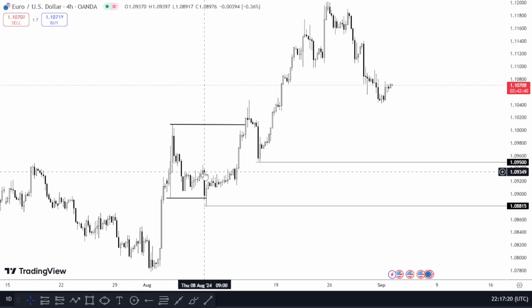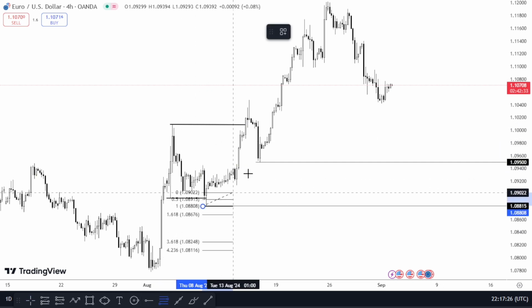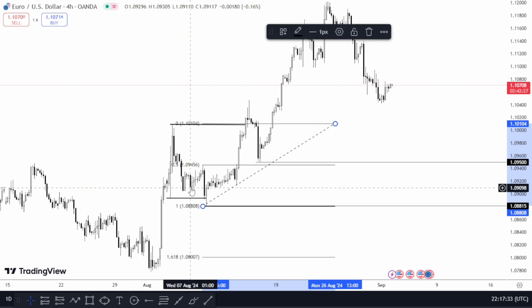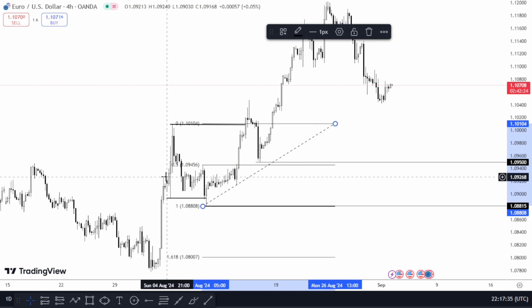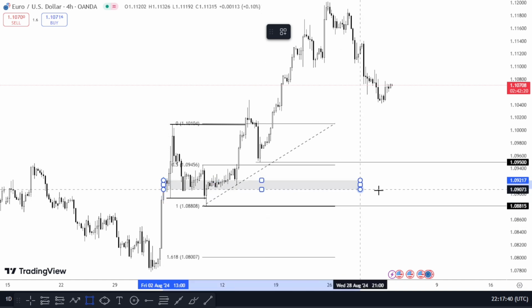So right here, you pick your Fibonacci tool from the low to where your first break happened. Now, where can you mark your POI? Our POI becomes this area right here.